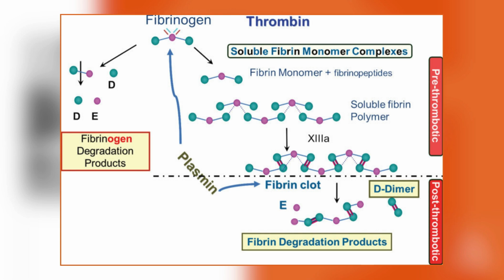This also happens by indirect activation through factor 13. So thrombin will also activate factor 13, which causes the cross-linking bonds between the fibrin monomers, forming the fibrin polymers.